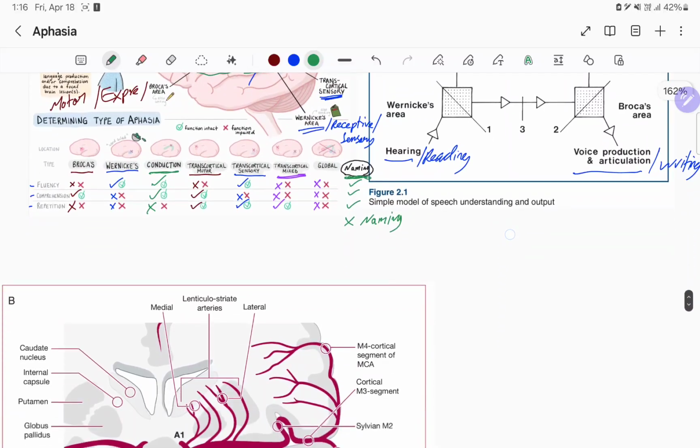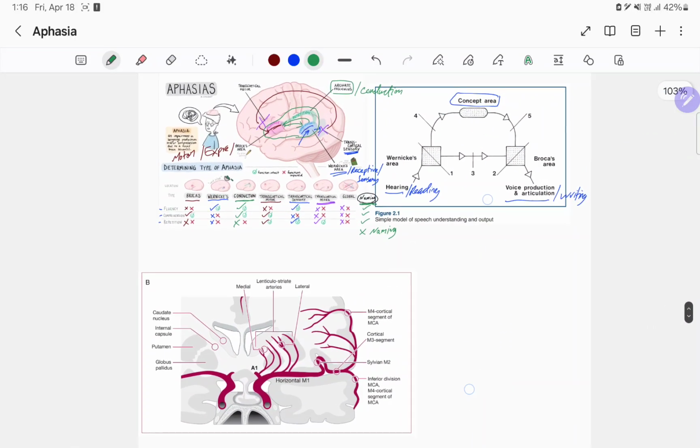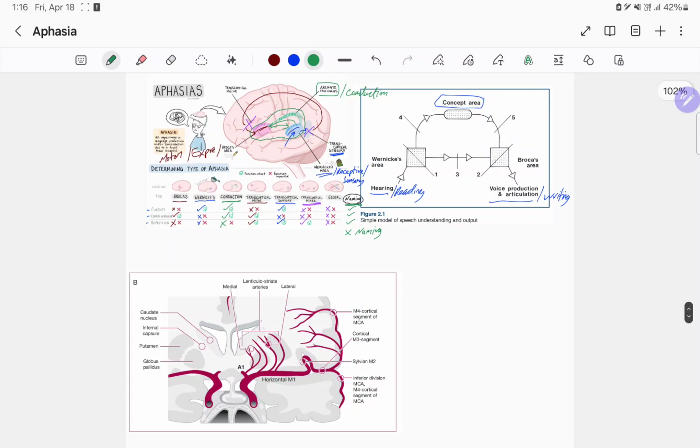I will conclude now with this diagram. Here, as you see, we have the middle cerebral artery. It's divided into M1, M2, M3, and M4. It has a superior division and an inferior division. If you notice, Broca's area is located in the superior division in the frontal lobe.